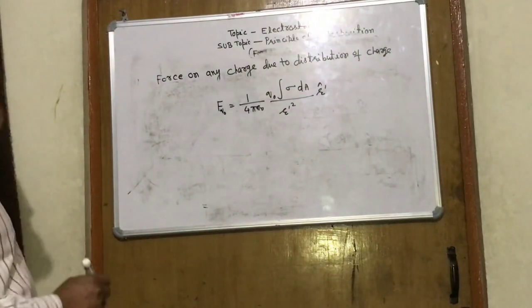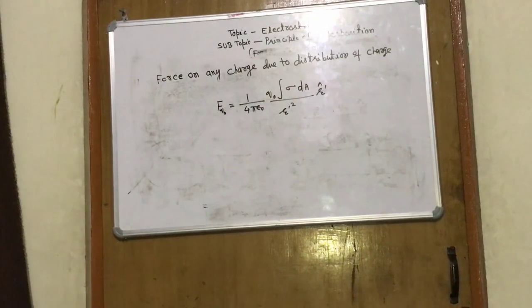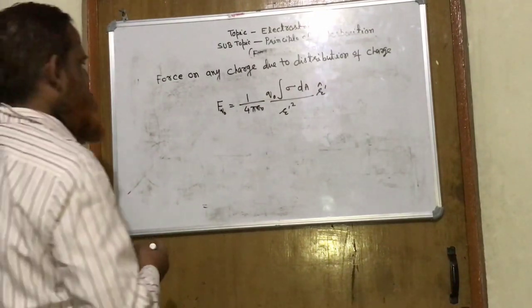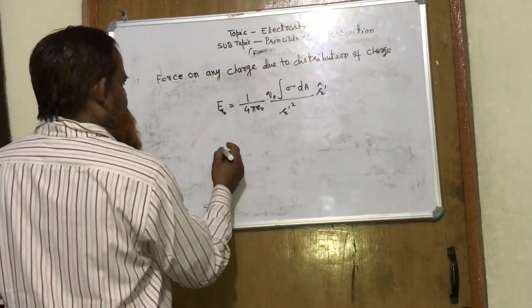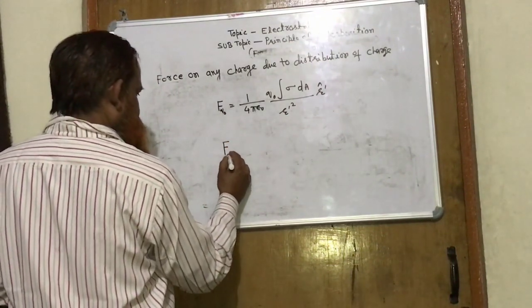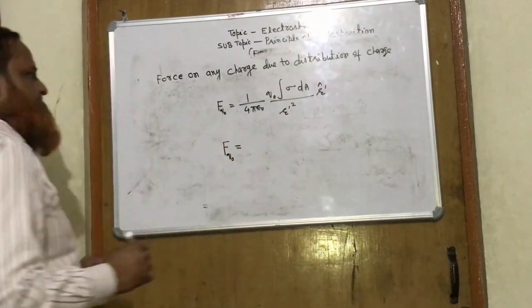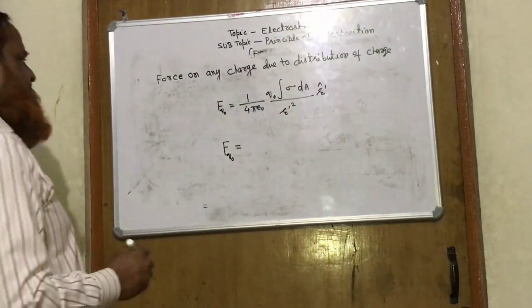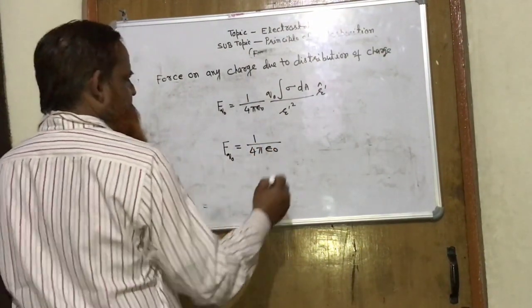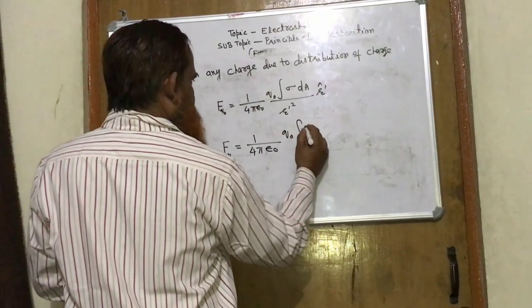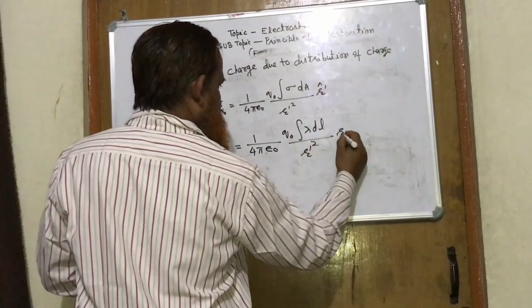It is due to surface charge density, meaning charge distributed on a surface, and Q naught is at distance r dash from it. In the same way, the force on Q naught due to linear charge, meaning charge distributed along a line, is 1 upon 4 pi epsilon naught Q naught integral lambda dl upon r dash square r dash cap.